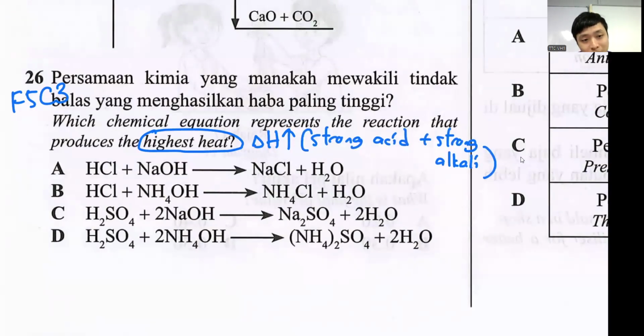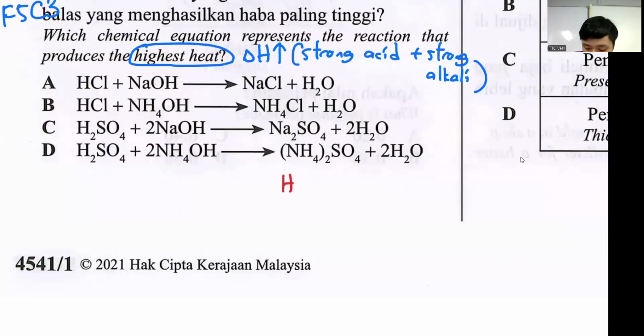Okay, so in this case, if you see the ammonium hydroxide. Since a lot of these are also strong acid and strong alkali, you need another one to differentiate. For strong acid you have HCl, H2SO4, HNO3.